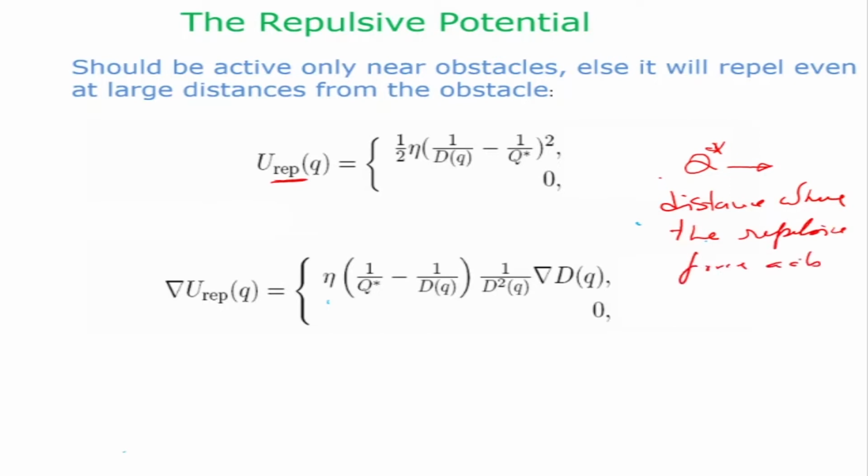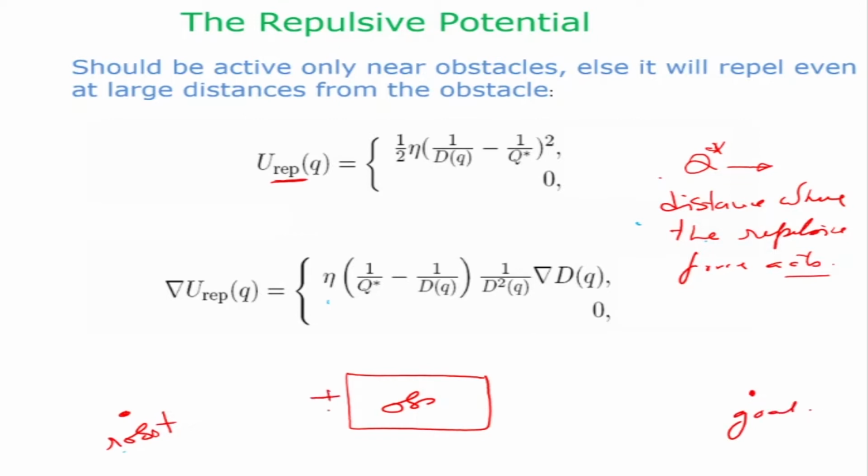Now why is q star put? Essentially because if you have an obstacle here, let's call this an obstacle, and you have the robot at this point and you have the goal at this point. As we said, we have plus plus here, and we also have a minus here and a plus here.